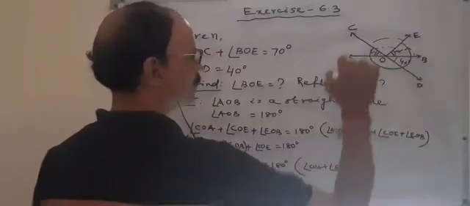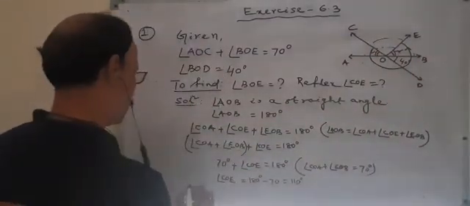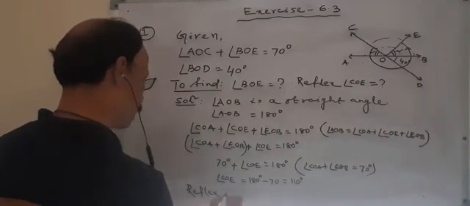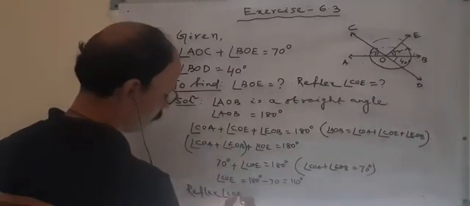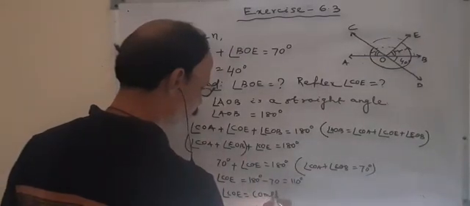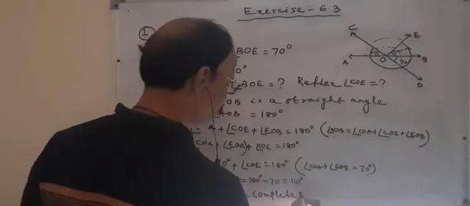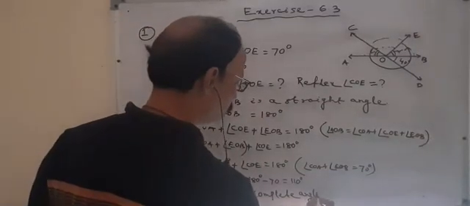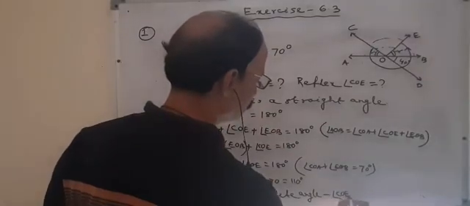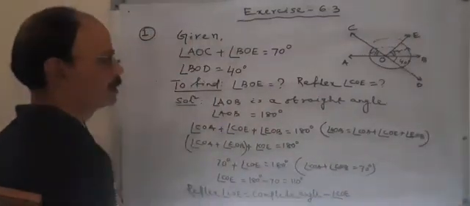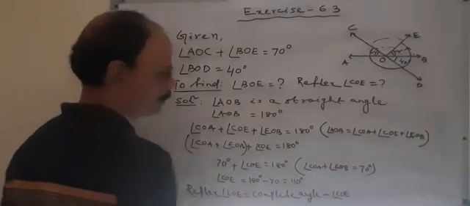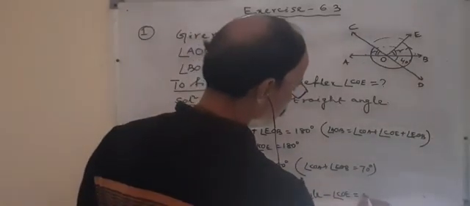Complete angle is 360 degrees. So what will the reflex COE angle be? Complete angle minus COE. When we subtract COE from the complete angle, what do we get? Reflex COE.